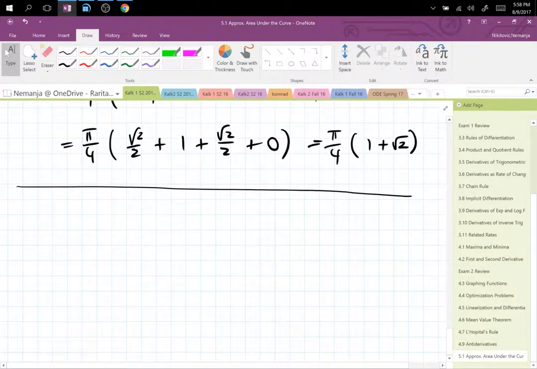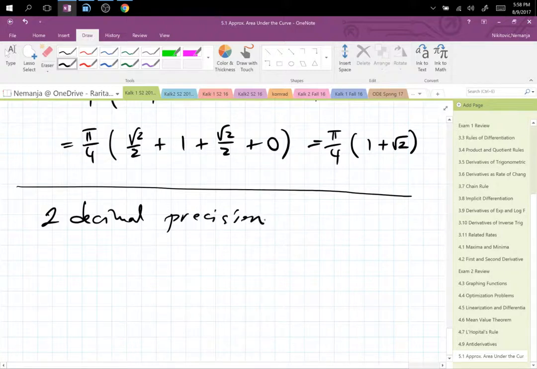Now, I'm going to ask for 2 decimal precision, which means ready your calculators.